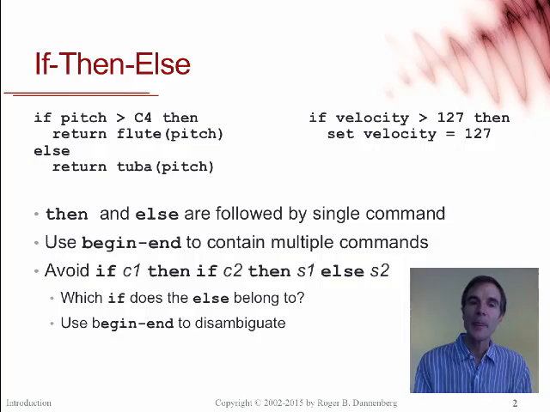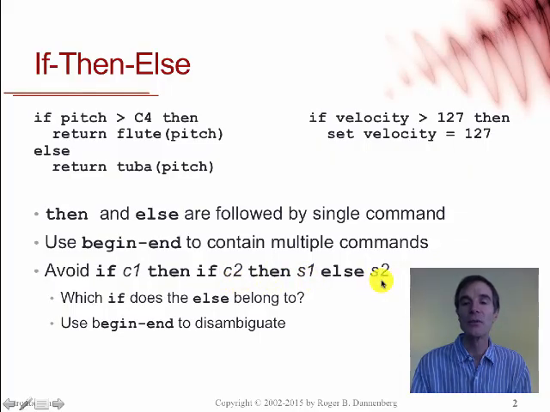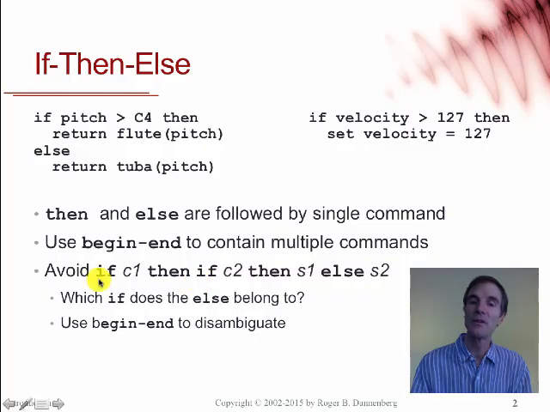And this is a classic programming language design problem called the dangling else problem. If you have something like: if condition 1, then if condition 2, then S1 else S2, where does this else belong? Is it the else part of the second if, the innermost if, or the first if, the outermost if?